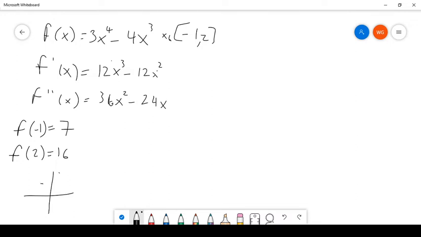Next, we're going to set the first derivative equal to 0, because by doing that, we find the x values on the graph that produce a 0 slope. When a graph has a 0 slope, it can mean one of two things: a turning point, where a graph goes either like this or like this, or a point of inflection, where a graph might go like this and have a flat curve.